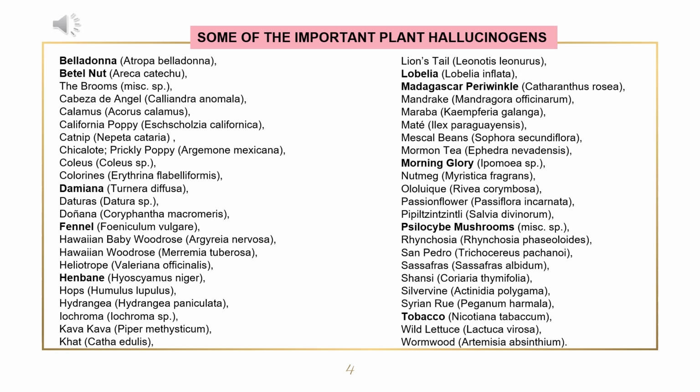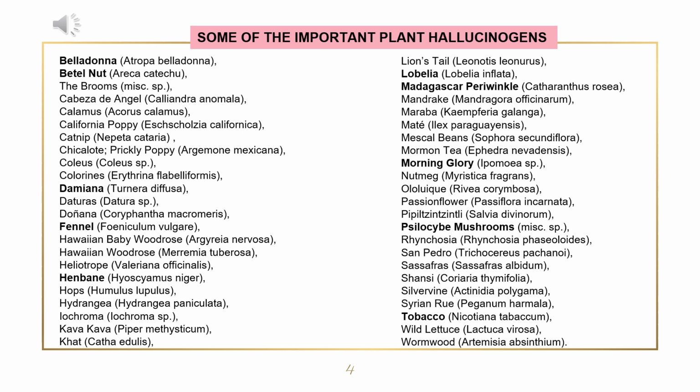In this slide, I have given some of the important plants which produce hallucinogenic effects. I have highlighted the names you have already read: belladonna, Atropa belladonna, Areca catechu, Lobelia inflata, Catharanthus roseus, then fennel, tobacco, and henbane, that is Hyoscyamus niger.